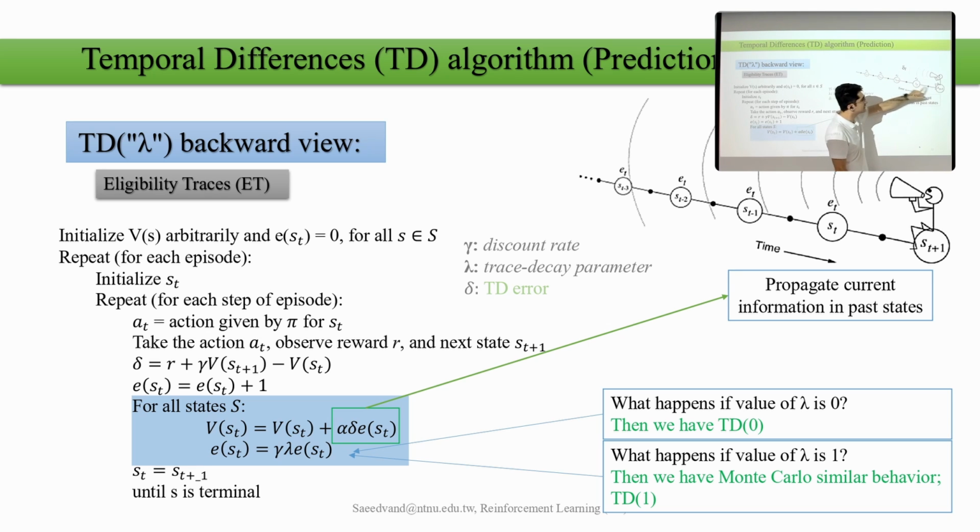Because this is a neighbor of this state, right? This is a state that is close to this state. So why not update the values of the other states too? We can use only one step to update those, so to do the updating, we can use this term over here.